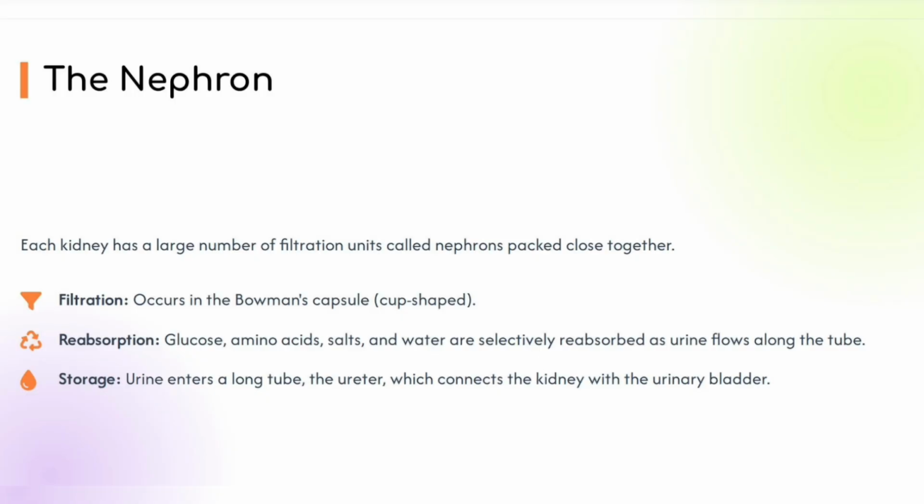So, the nephrons help in filtering blood, saving useful materials and removing waste from the body. Now, what are the uses of nephron? Nephron helps in filtering blood, saving useful materials and removing waste from the body.